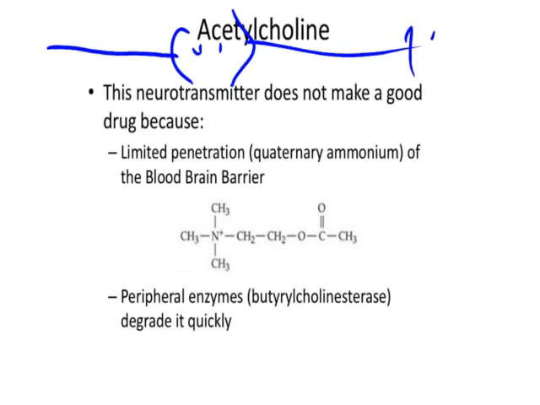There it is secreted, binds to the receptor and shows the activity. That is the difference between the somatic and the sympathetic and parasympathetic nervous systems.